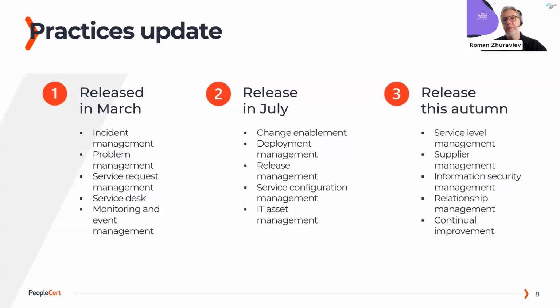We have been busy processing the feedback from the testing. And finally, we are almost ready to release, hopefully in October, but certainly this autumn, the following practice updates: service level management, supplier management, information security management, relationship management, and continual improvement. Together, it will be 15, and the first 10 are already available. The last 5 will follow very soon.